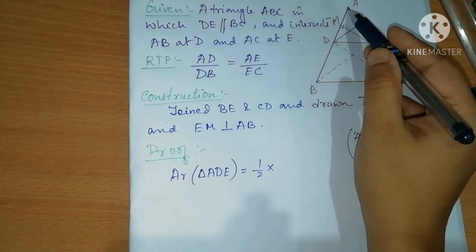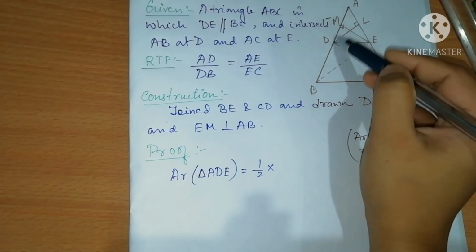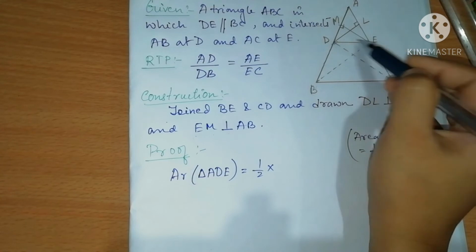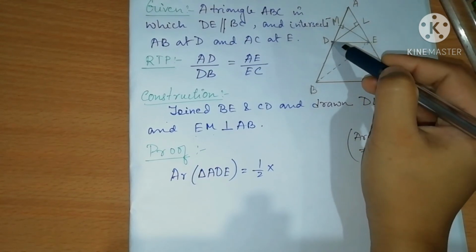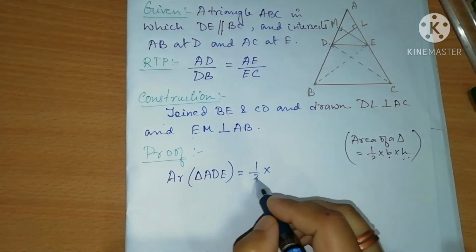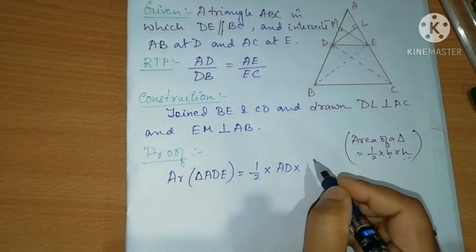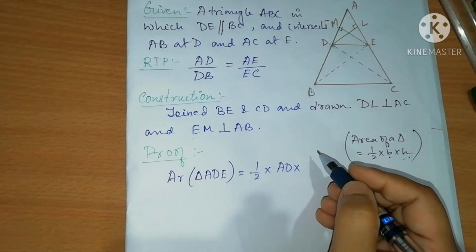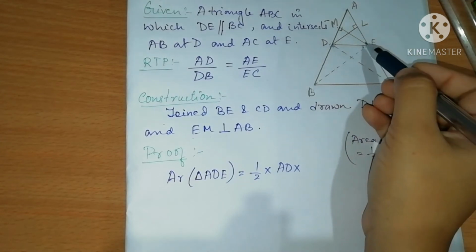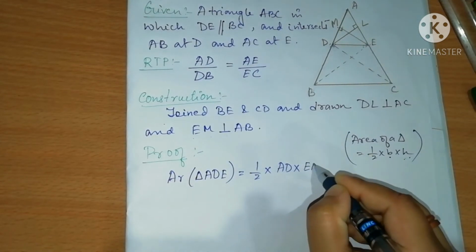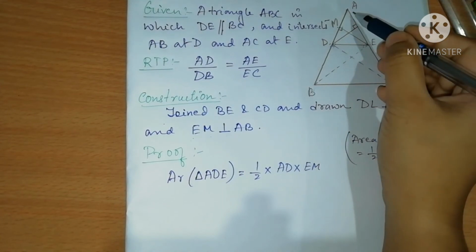So can we take AD as the base? Yes, for this triangle we can take AD as the base. So half into base AD, and height will be EM.